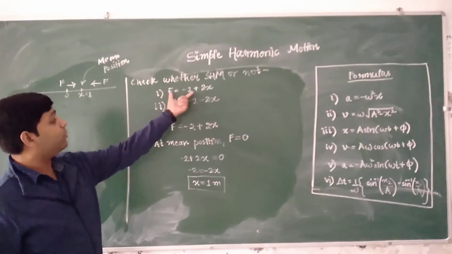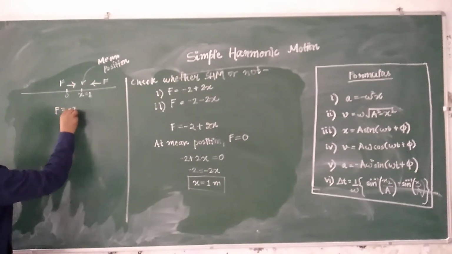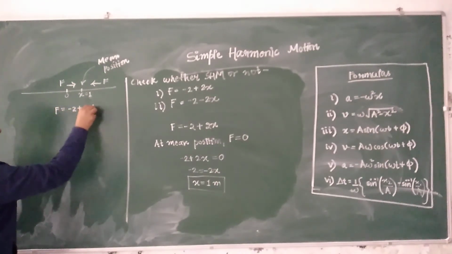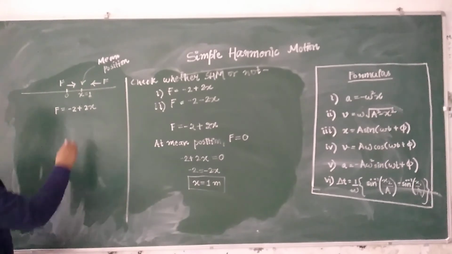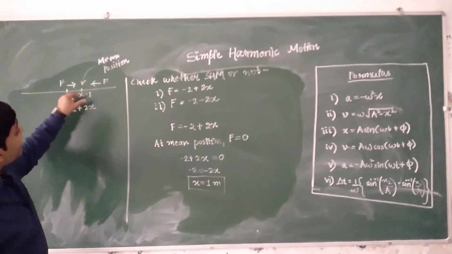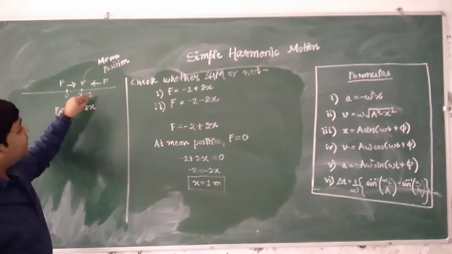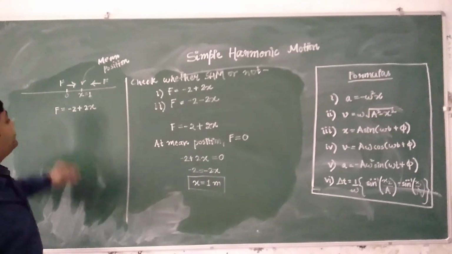So this is the equation of force, F is equal to minus 2 plus 2x. So let us check whether the force is in the negative direction for x greater than 1. That means when the x coordinate is greater than 1, is the value of force in the negative direction? We have to check this.